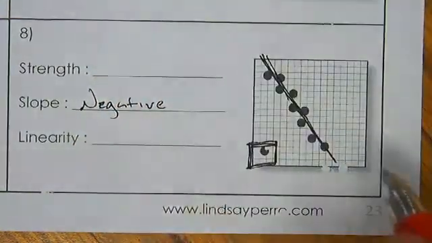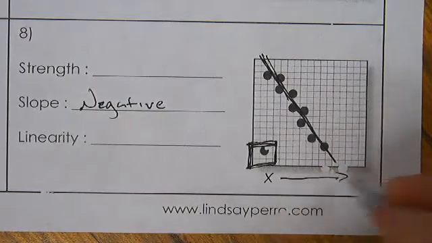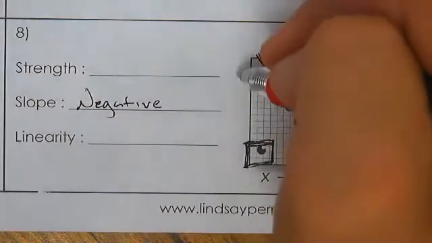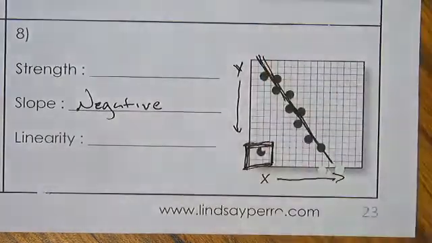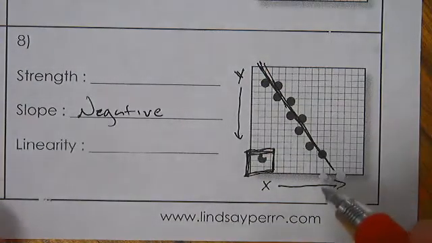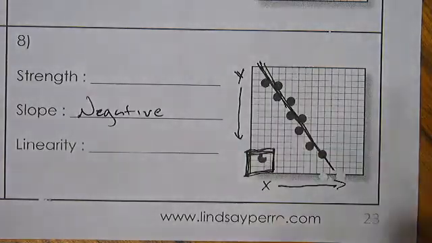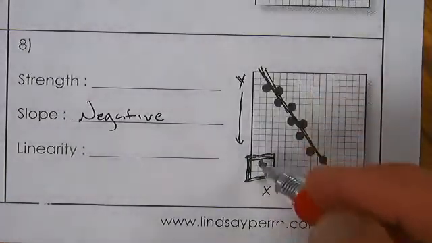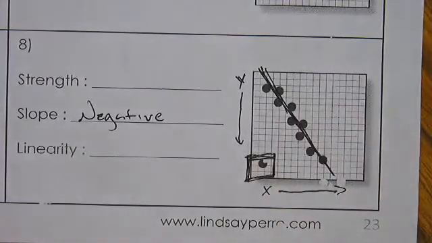We would say this has a negative association because as your X value goes up, your Y value is going down. Maybe it's money spent versus money in your wallet. The more money you spend, the less you have in your wallet. You can think about it that way.